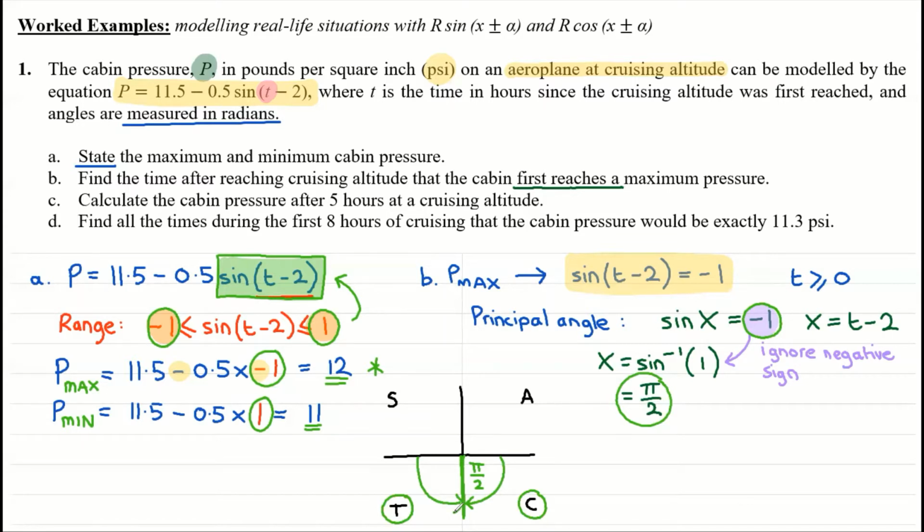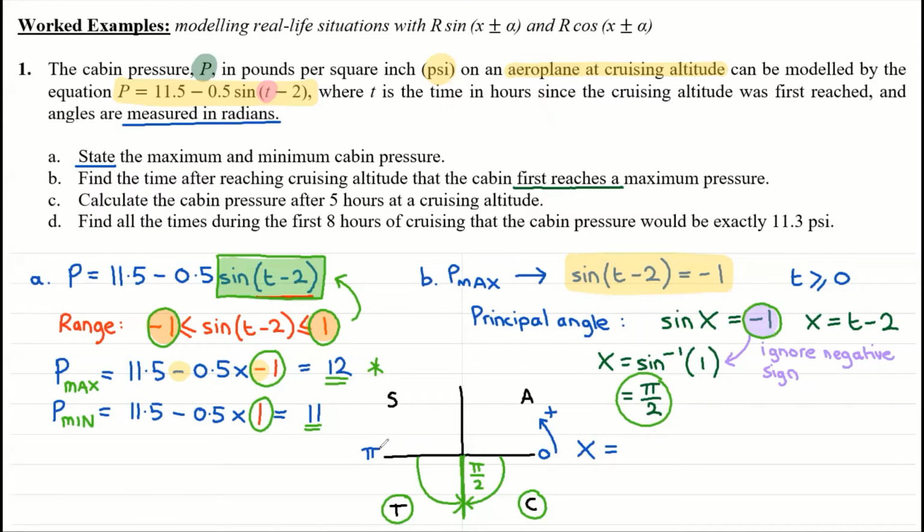So the question is, what is the time after reaching cruising altitude that the cabin first reaches the maximum pressure? Well, if we went gung-ho into this and just wrote down the answers, we can say X is going to equal, if you start at 0 and go in the positive direction like this, your first instance is going to be 3 pi over 2, because you've got pi here plus pi over 2.